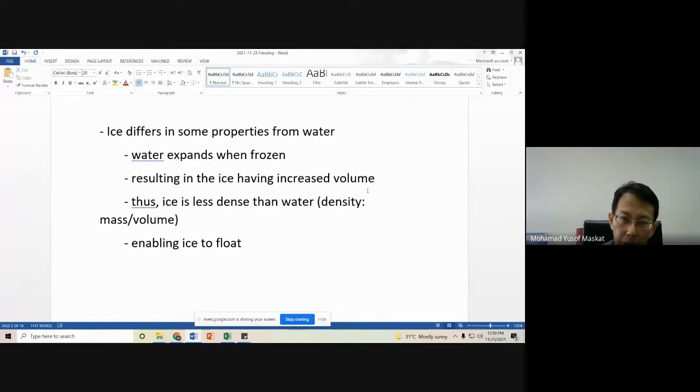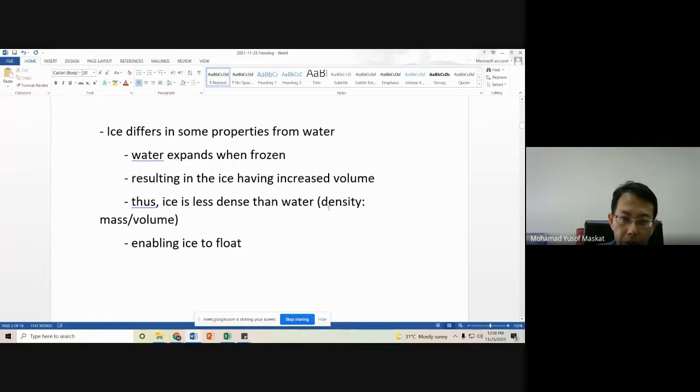Okay, isi padu bertambah, jisim sama. So what happens is that the density is reduced, where density is mass over volume. The same amount of mass for water, but when it freezes, the volume increases.